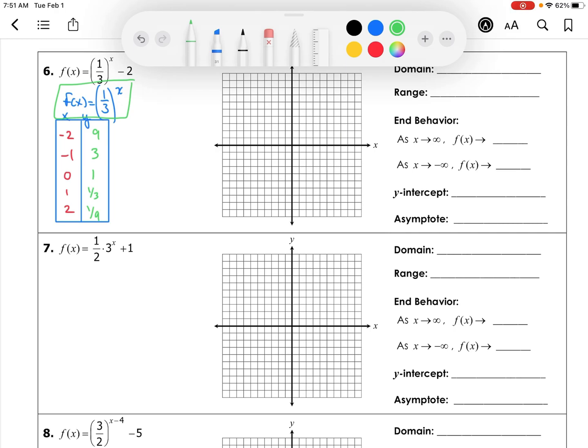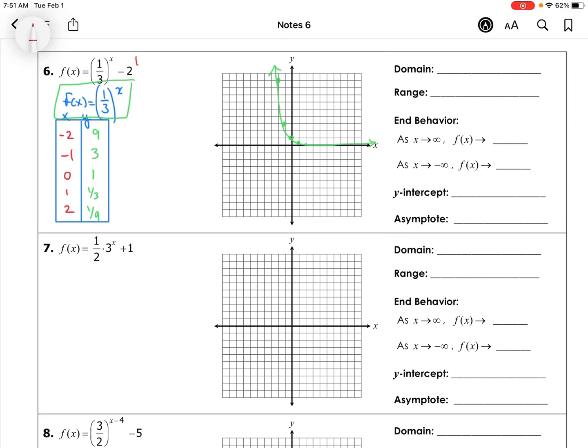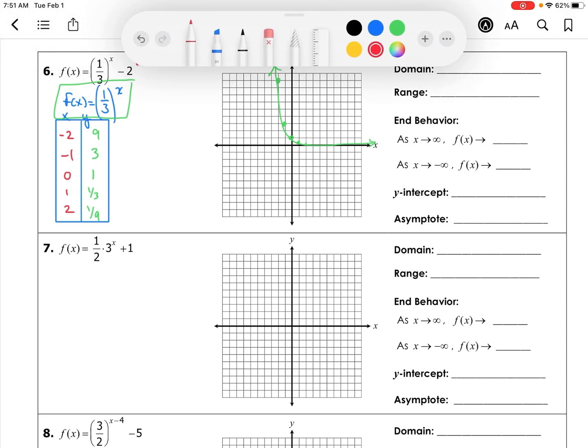I could just lightly sketch what's going to happen. That parent function will look like this. This is not going to be your final answer. I'm just showing you what the parent function looks like. But what we have to do to that is we're going to go down 2.